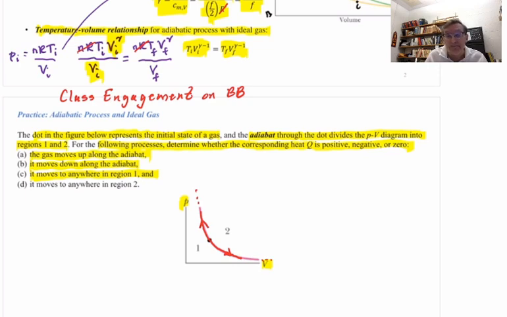Okay? And let's say for C and D, that you follow the isotherm that passes through the dot. In part C, you follow that isotherm that leads you into region 1. And in part D, you follow the isotherm through the dot that leads you into region 2.